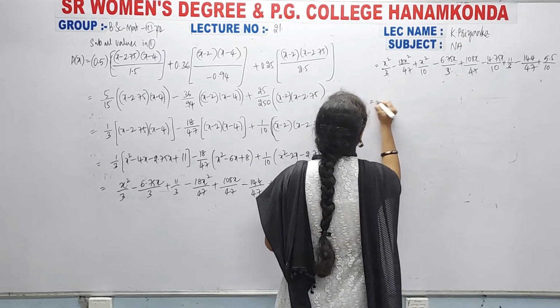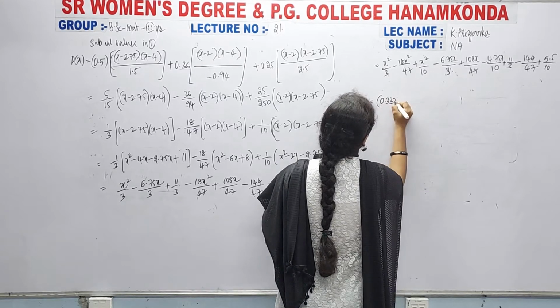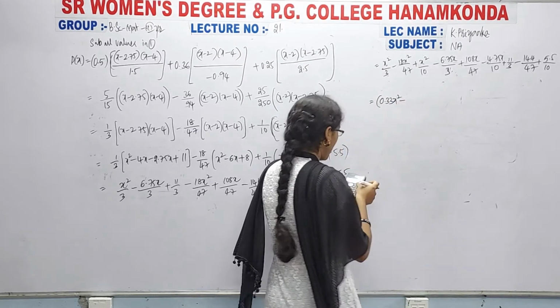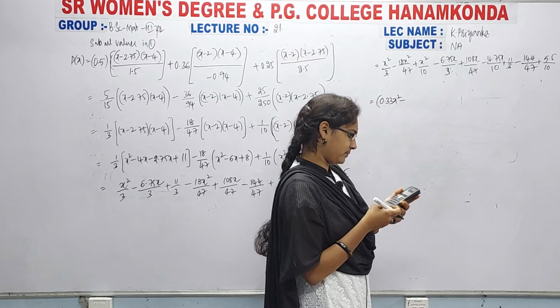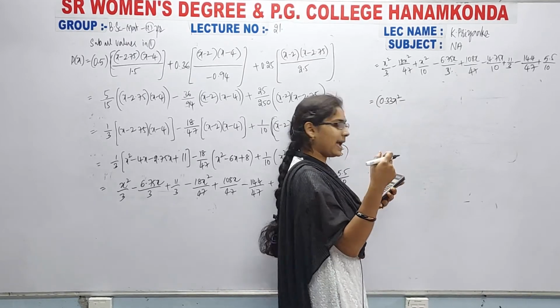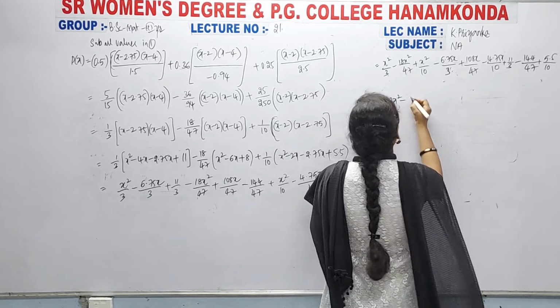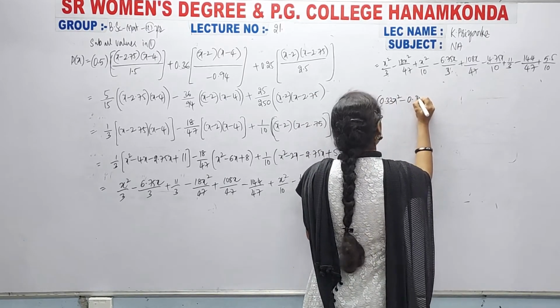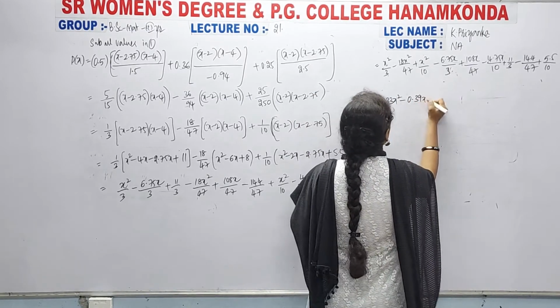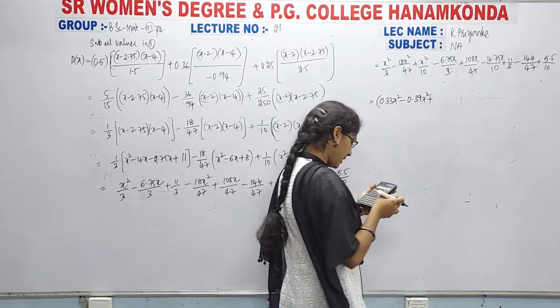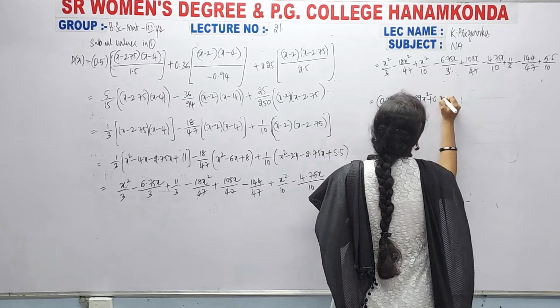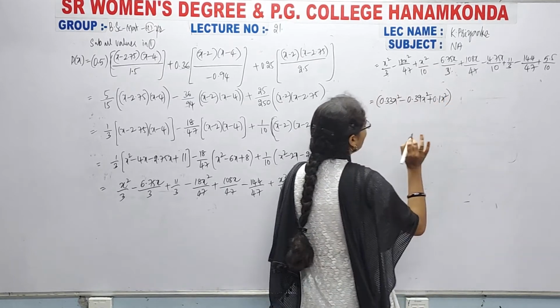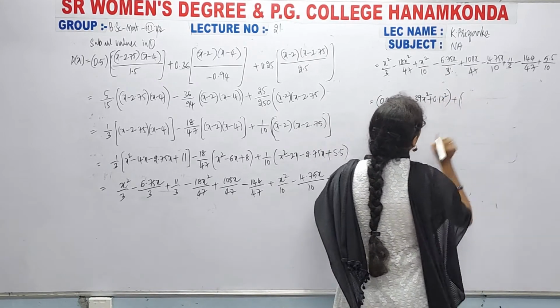So directly I am taking 0.33 x square minus 18 by 47, 18 divided by 47, so 0.3829 I have. So I am taking 0.39 x square plus 1 by 10, of course 0.1 x square.